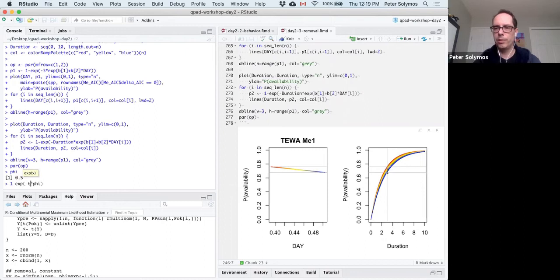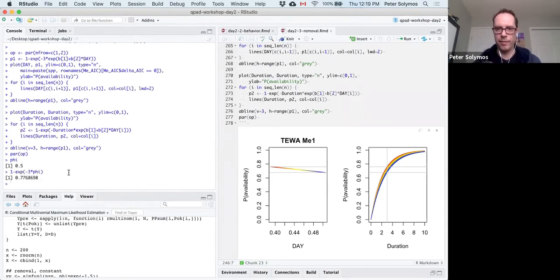If you wait longer, 3 minutes, 5 minutes, 10 minutes, this probability is going to be different, even though phi is the same. So if you want a probability over 3 minutes, that would be 1 minus e to the power minus 3 times phi, and phi is something that we estimate from the removal model.